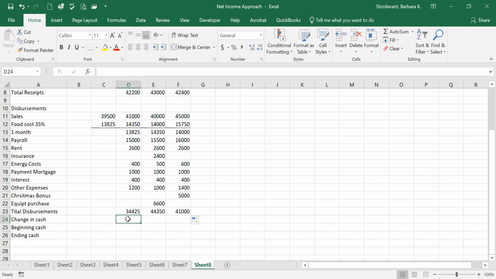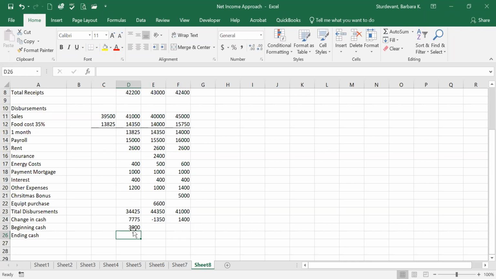Change in cash, remember, is receipts minus disbursements. And then our beginning cash, they tell us, is 3,000.